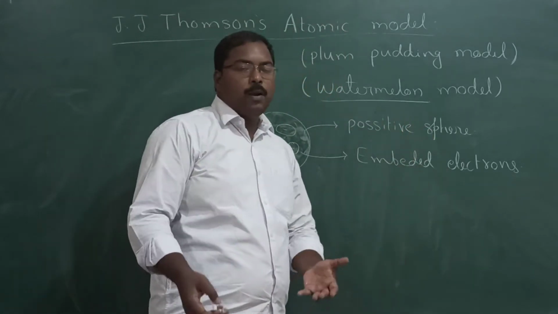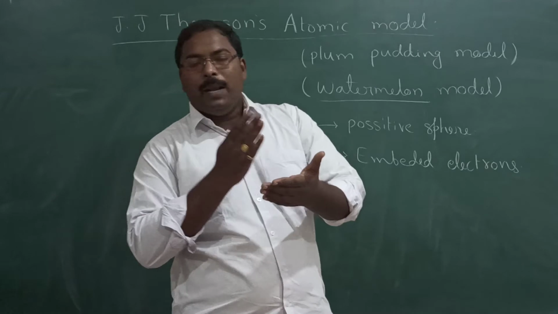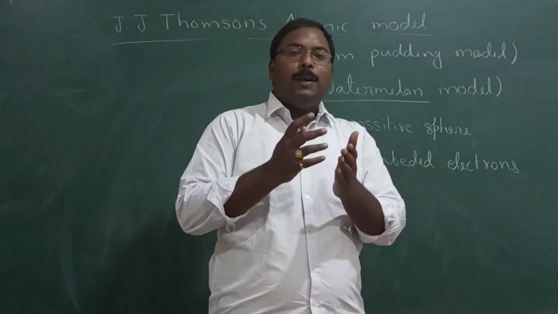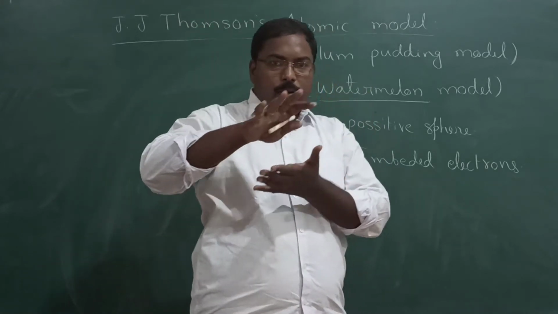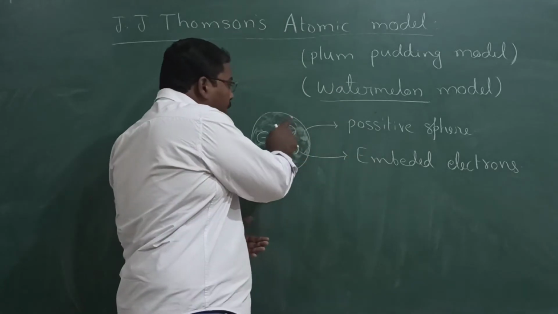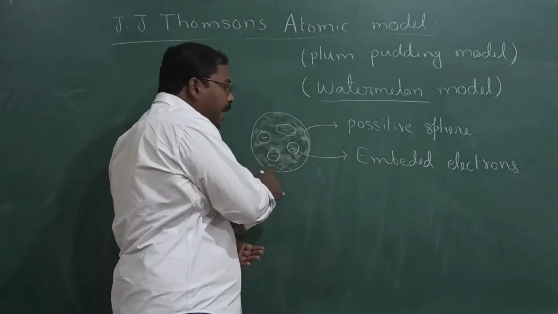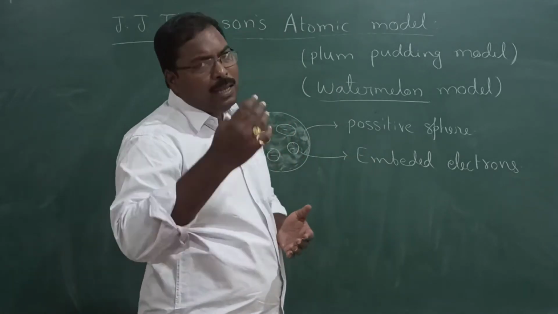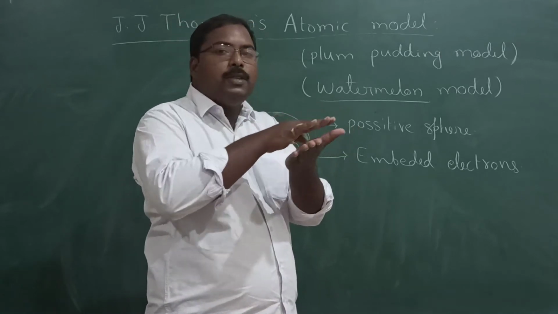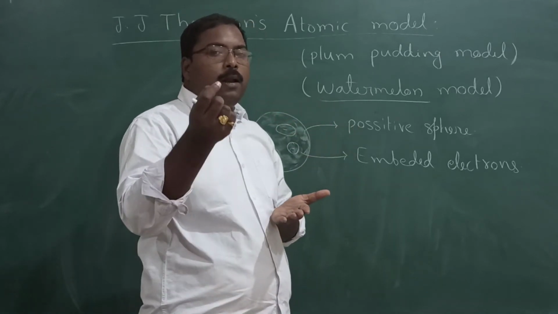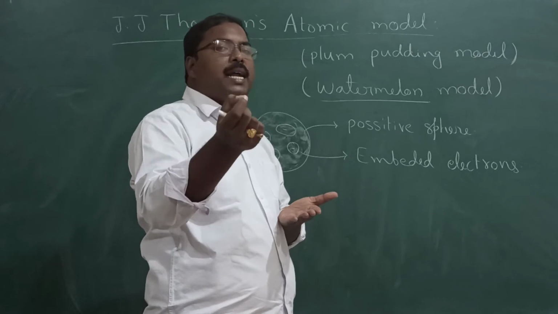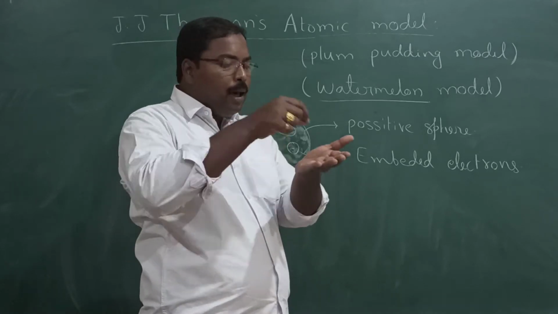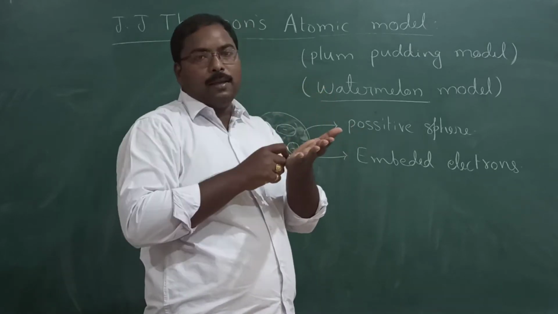How is it like a watermelon? We know when we cut a watermelon into half, we will observe that red juicy part. This positive charge of the atom is similar to the red colored juicy part of the watermelon. And we know that brown or black colored seeds are spread in the watermelon.